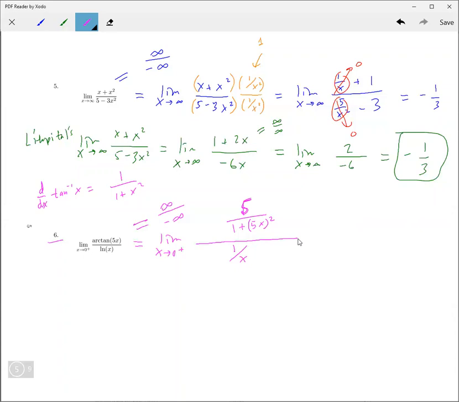Okay, we should rearrange things. This 1 over x kind of comes up as an x right there.